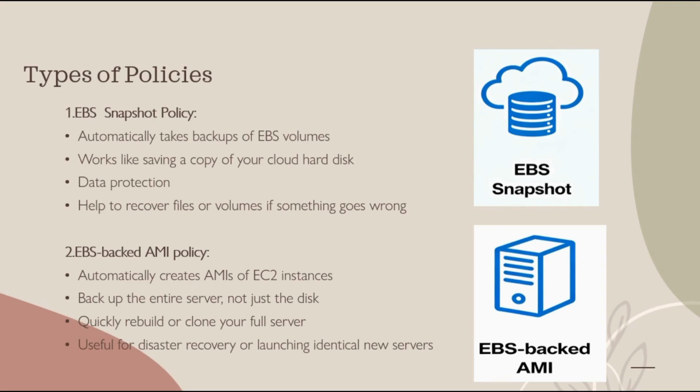If we use the EBS snapshot policy, we can create the backup copy of the EBS volume only. So by using the EBS-backed AMI policy, we can create the EC2 instance from that backed-up AMI. It is useful if any kind of disaster happens, because by using that created image, I can launch the same identical server in some other region. So it will be helpful in those particular cases.